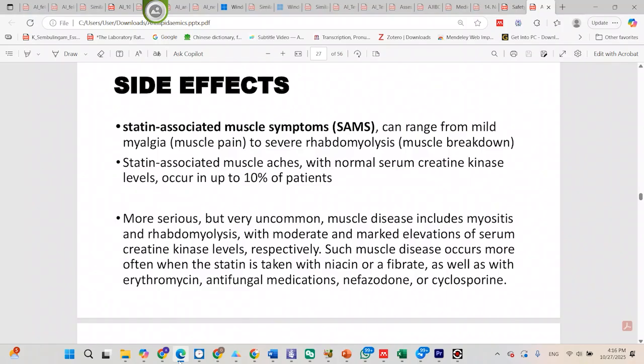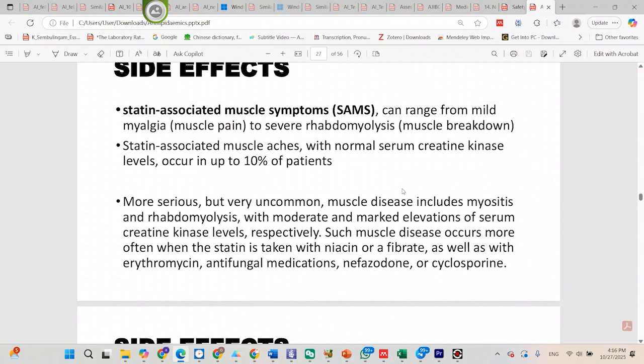Sometimes creatine kinase is the way we measure it. Then, like I said, the side effect can also be severe, to the extent of having rhabdomyolysis, which is a more severe tissue breakdown.